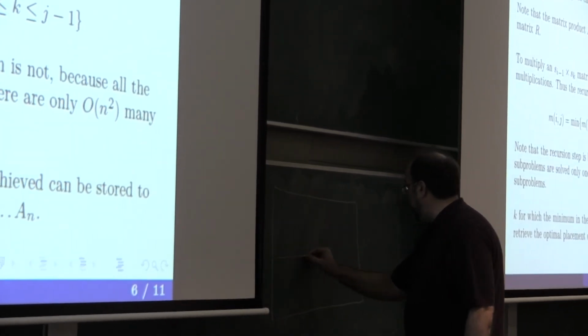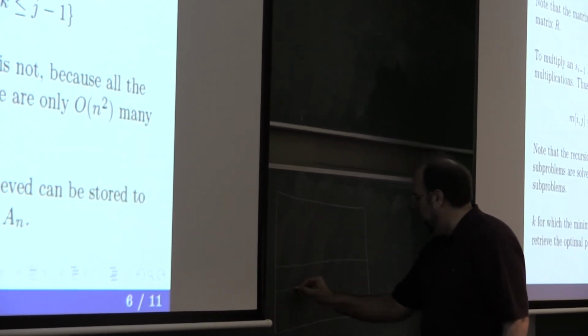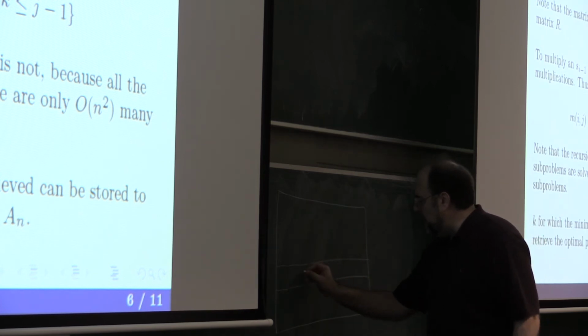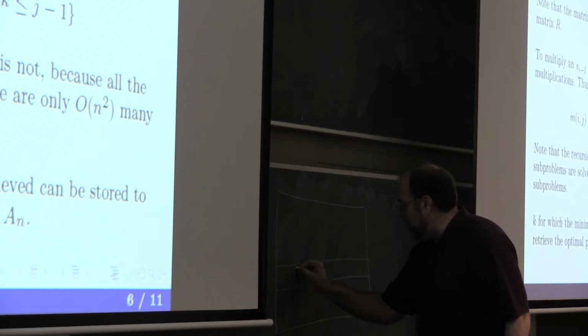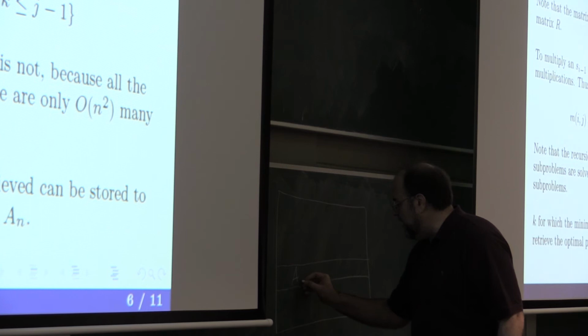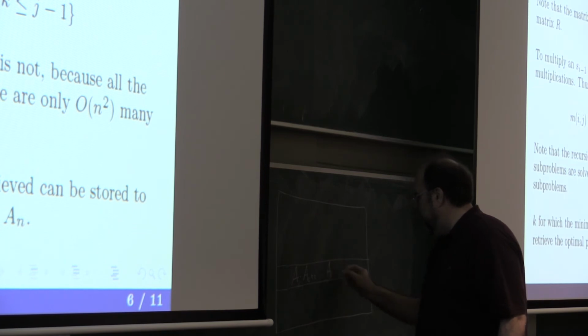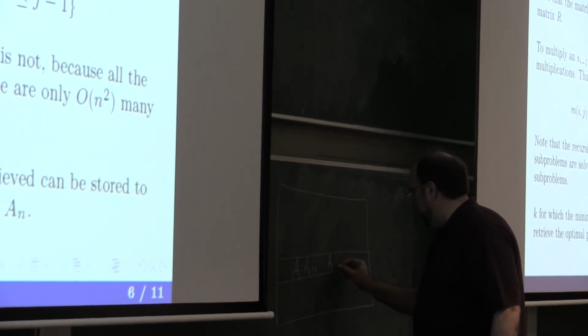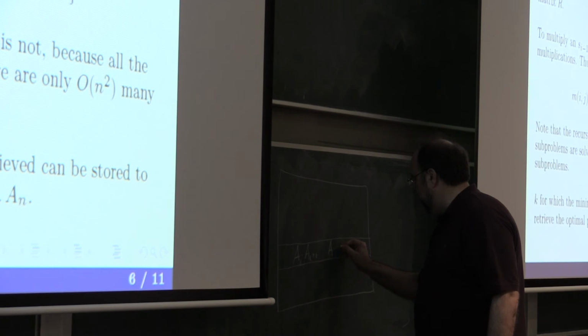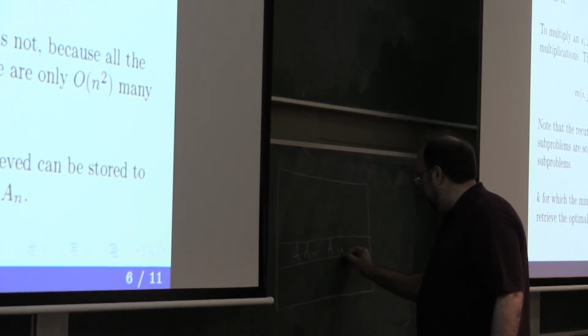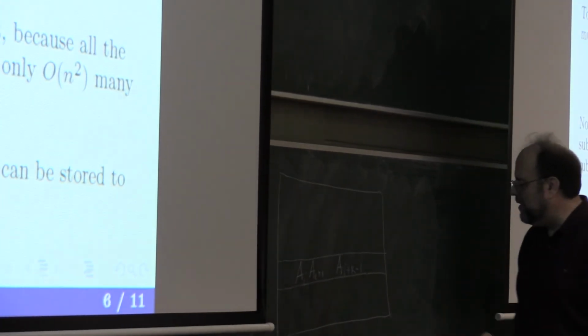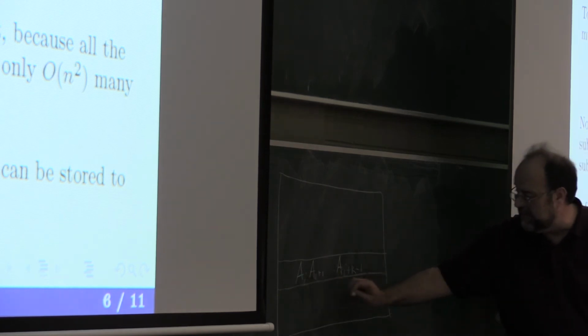In this row here, you will have all the products of the form A, say, I plus 1, all the way up to A, say, I plus k minus 1, because this is k matrices.